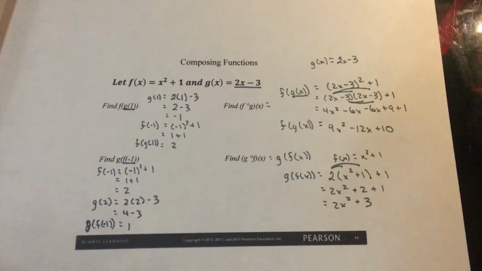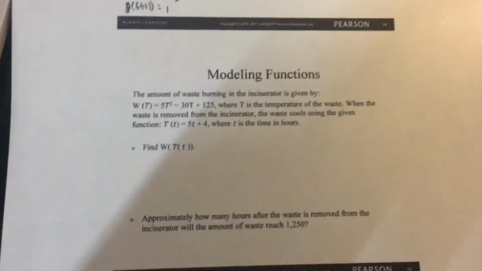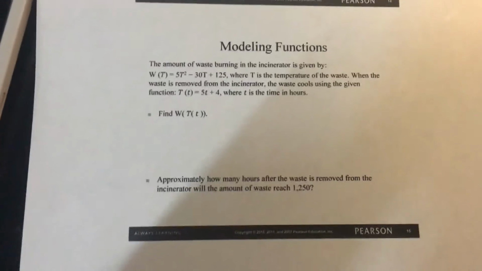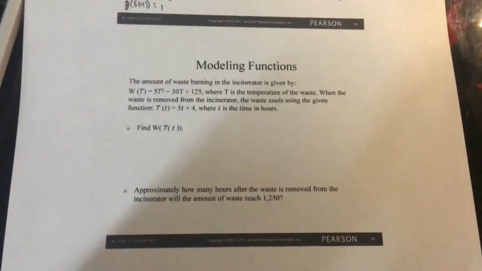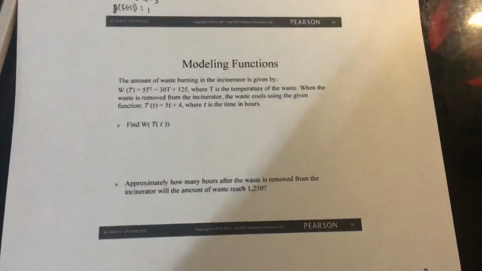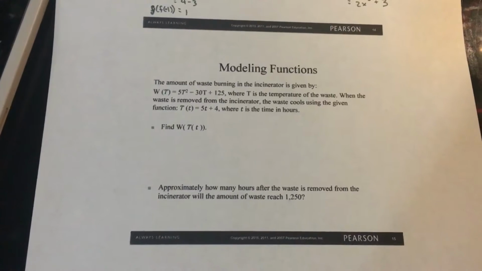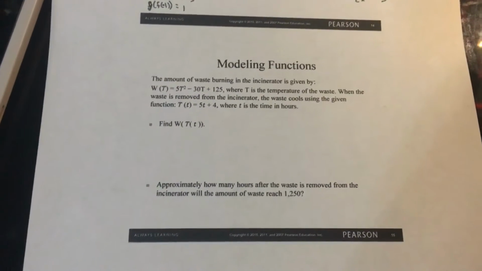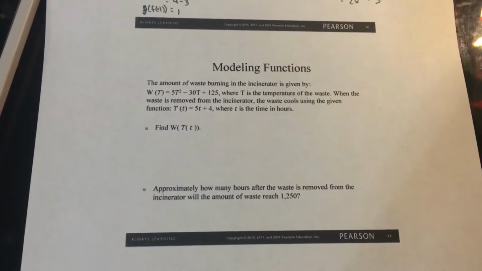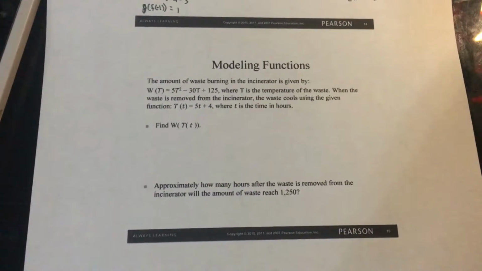Okay. And the final problem that I want to show you all here is we can apply this to a word problem as well. This is something we saw last year. And so it's applying the same concepts here. So here they told us the amount of waste burning in an incinerator is 5T squared minus 30T plus 125, where T is the temperature in waste.